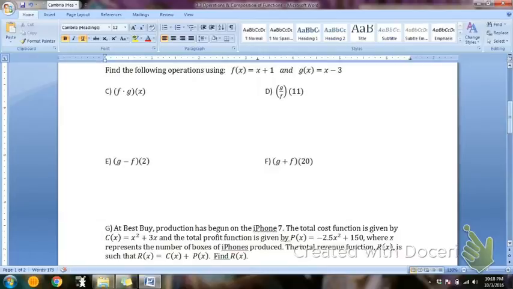So we're going to start with our f function, which is x plus 1, and we're going to multiply times the g function, which is x minus 3. Now we're going to multiply like normal. You know how to multiply this, whether it be with the box or FOIL method or distributive property, whichever one you would like to use. Go ahead and multiply those two binomials together.